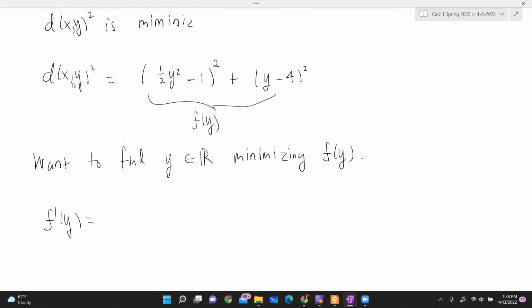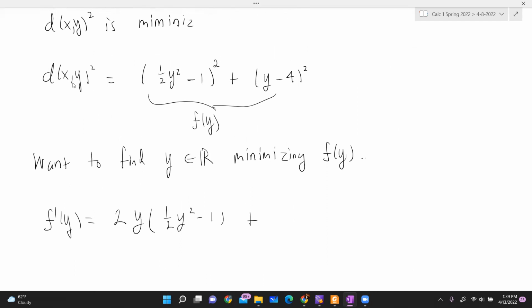So we take the derivative of the first thing. We bring down the power, take the derivative of the inside function: the 1 goes away, but the derivative of y squared is 2y, and then the 1/2 cancels the 2 to just give me 2. Then we multiply by the inside function and decrease the power by 1.